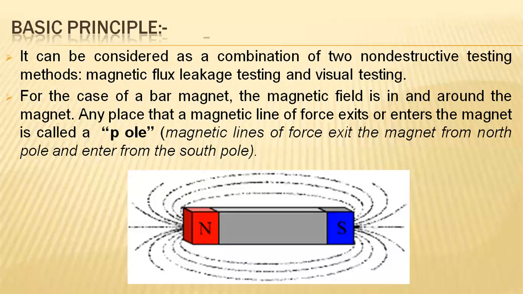See here, the bar magnet displayed on the screen has two polarities, the North Pole and the South Pole, indicated with red toward the North Pole and blue toward the South Pole. At any place, the magnetic line of force enters the magnetic poles on one side and exits toward the other side, depending upon the polarity of the electrical contact supplied to it.